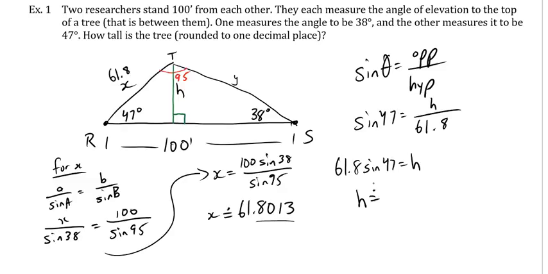So on my calculator, I just go times sine 47, and I get my answer. The height is 45.2, therefore the tree is 45.2 feet tall. Any questions?